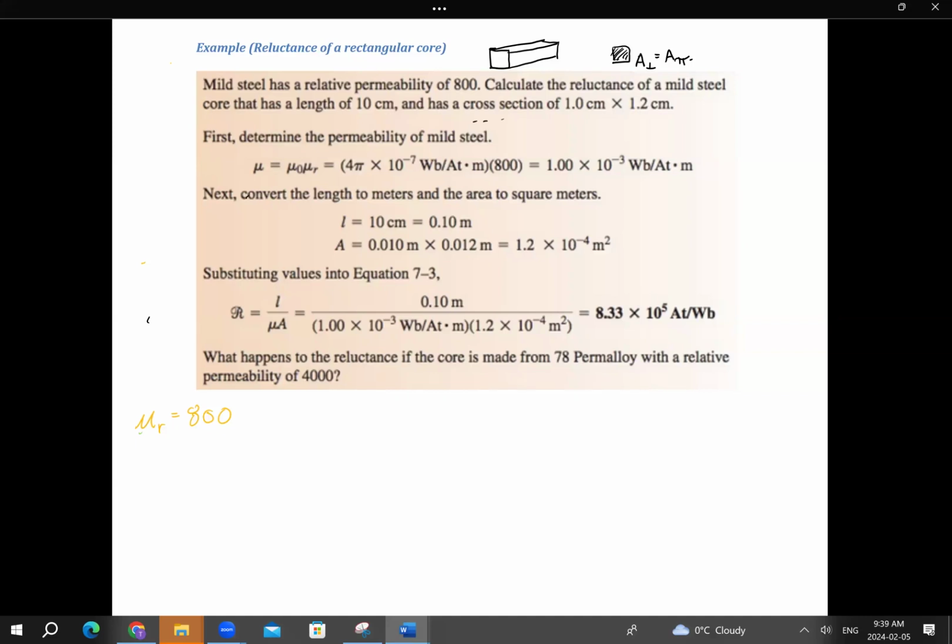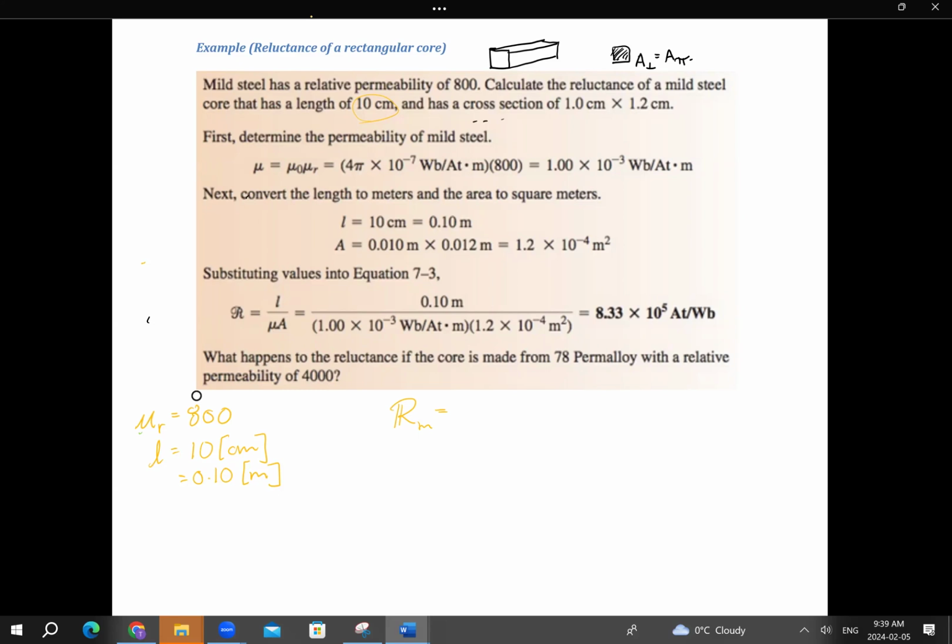Calculate the reluctance. So it's saying calculate the reluctance. So I would, of course, just say the reluctance is what I need to know of a mild steel core that has a length of 10 centimeters. Length equals 10 centimeters equals 0.10 meters. Because I'm in the magnetic circuits world right now, I know that all these formulas work in meters.